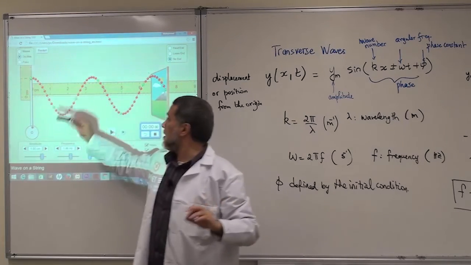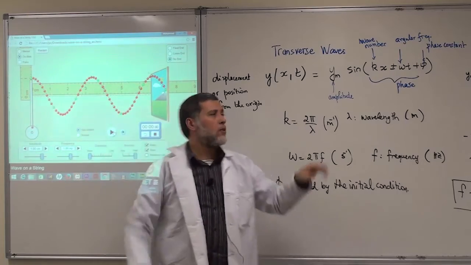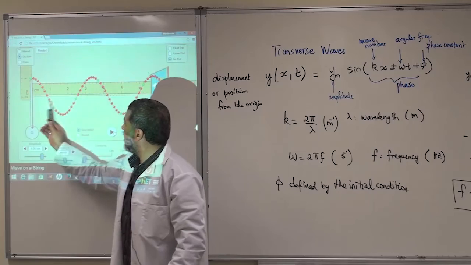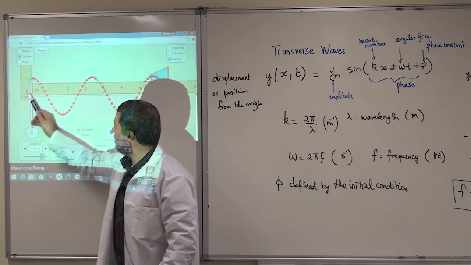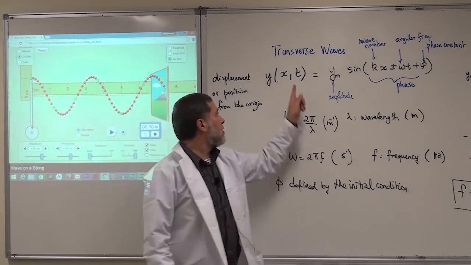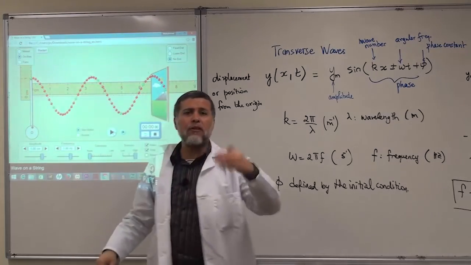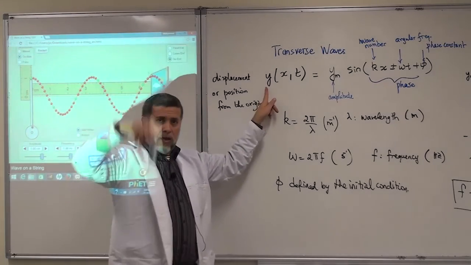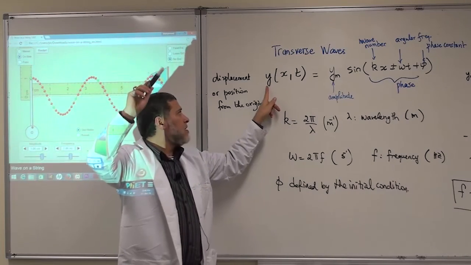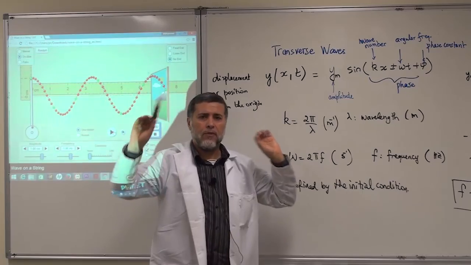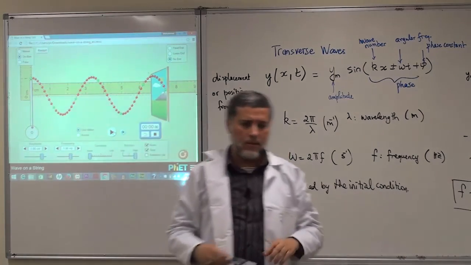In this figure here, t is fixed and x is fixed, and you have only a single y. The position of this particle is only one value. But when t is changing, the particle will be moving up and down. It has different positions along the y-axis, different displacements or positions as a function of time. Very, very important. Thank you.